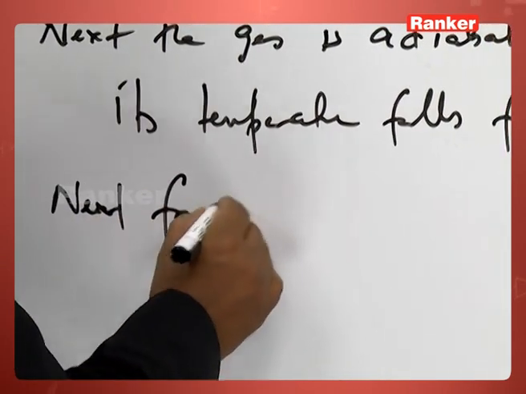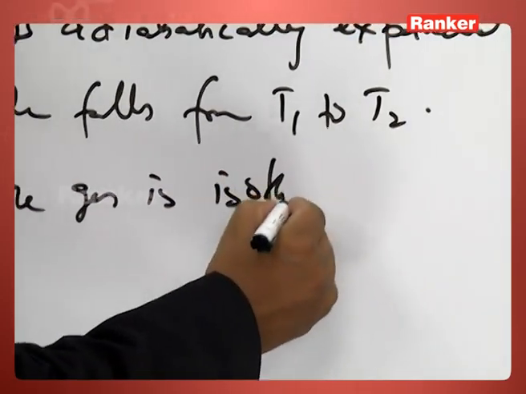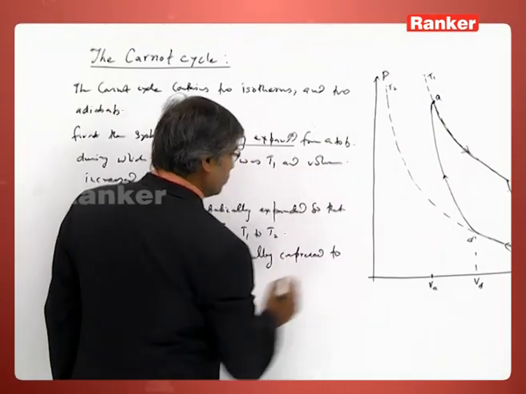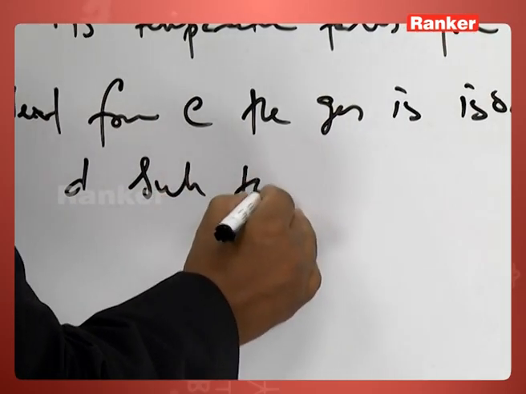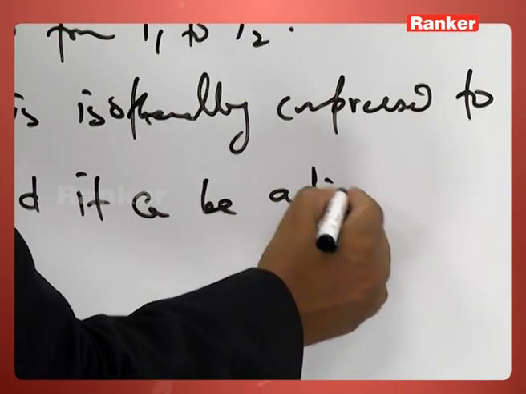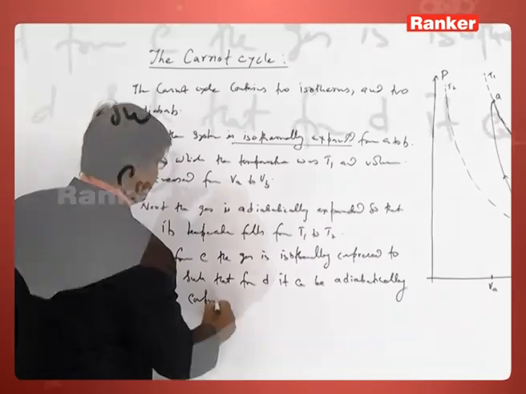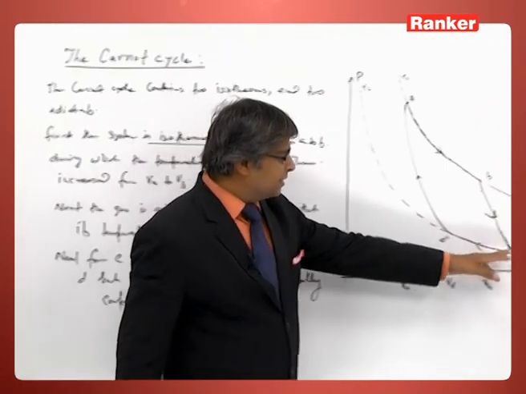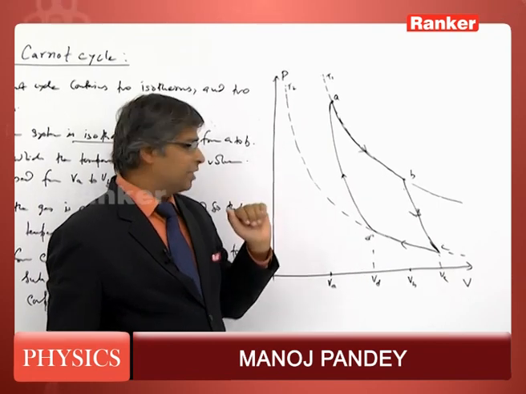Next, from C, the gas is isothermally compressed to D, such that from D it can be adiabatically compressed back to A. D is selected in such a way that from D it can go back to A by adiabatic compression.